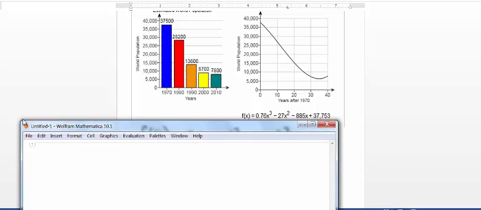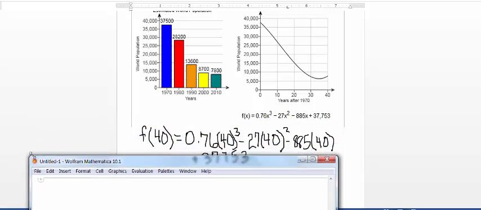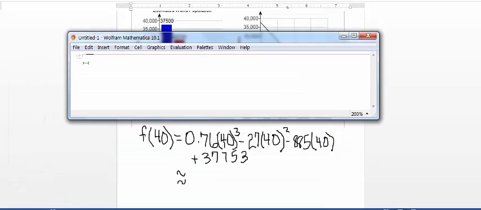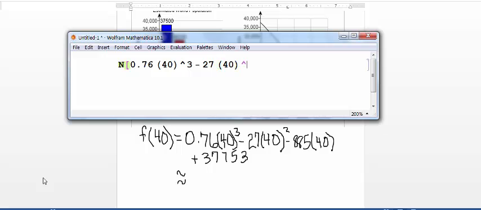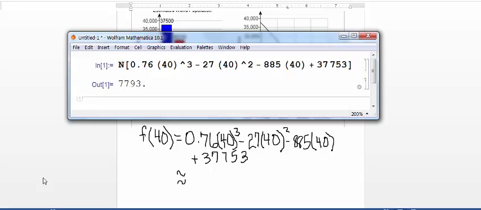So I'll adjust my notebook. And I'm going to use the numerical approximation function, which is referred to with a capital N. And Mathematica uses brackets where we would use parentheses for a function.